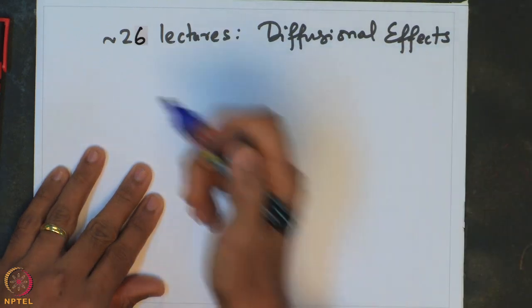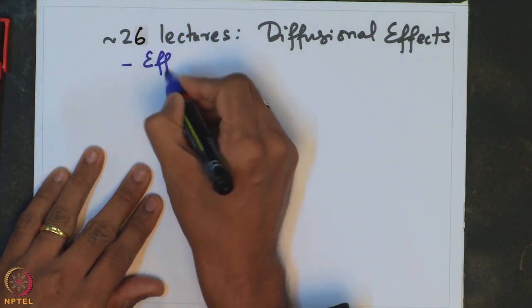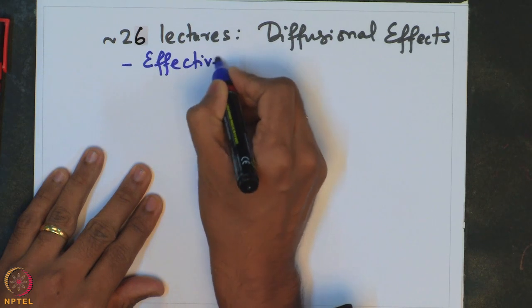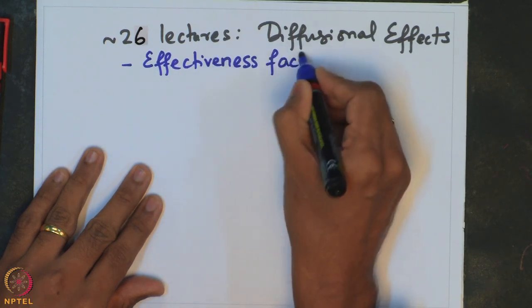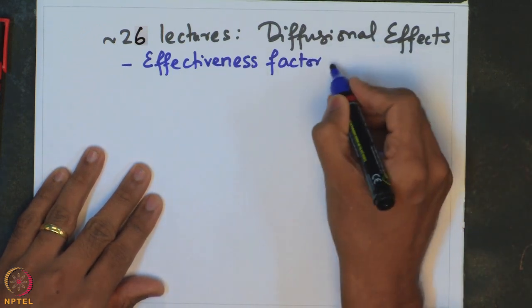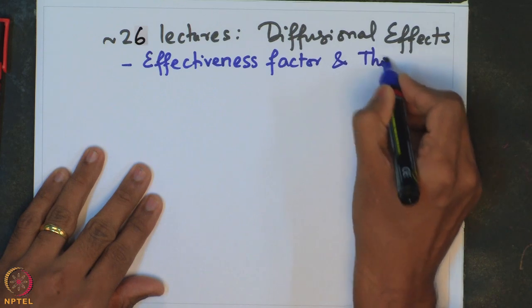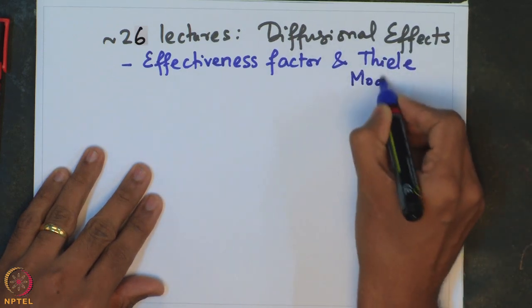In particular, we will be looking at a concept called effectiveness, in which we will be defining and using this factor called effectiveness factor, and an important modulus called Thiele modulus.